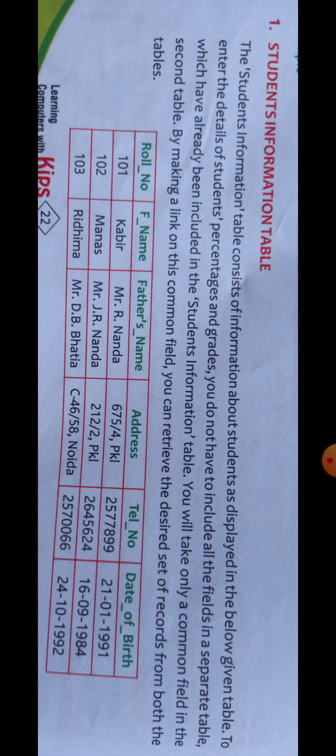Here we will take only the common field in the second table. After creating the second table, we can make a link, that is, create a relationship on the basis of the common field, that is roll number, to retrieve the desired set of records from both the tables.